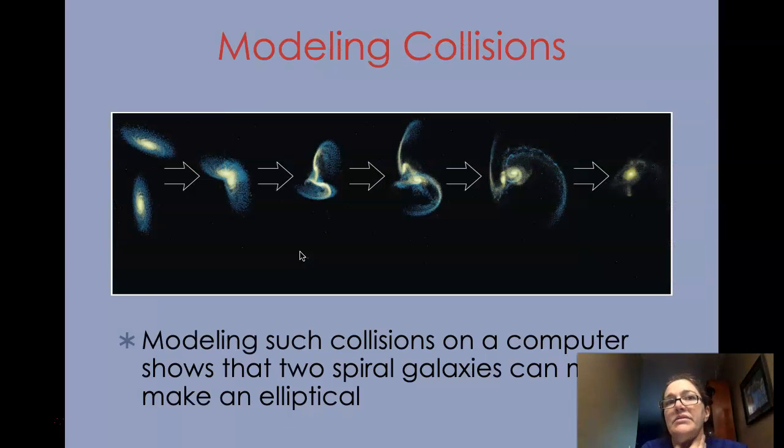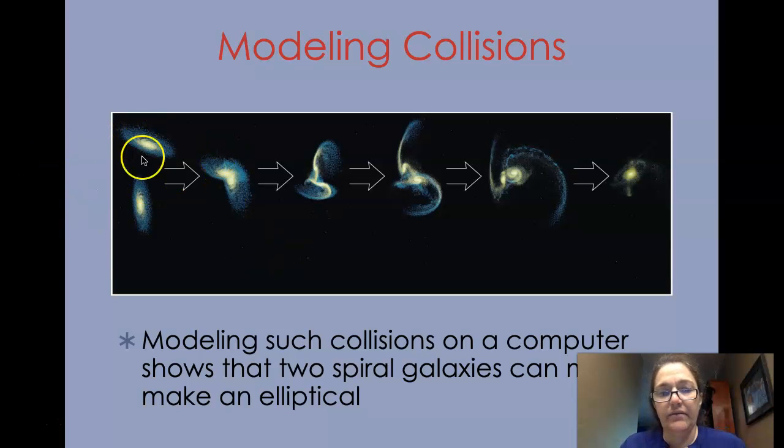So what happens during galaxy collisions? Well, next week we're going to talk about the classes of galaxies: spiral, barred spiral, elliptical. When Hubble created those, he thought that a galaxy sits here all by itself and evolves and changes shape. And that is not at all what we have discovered.